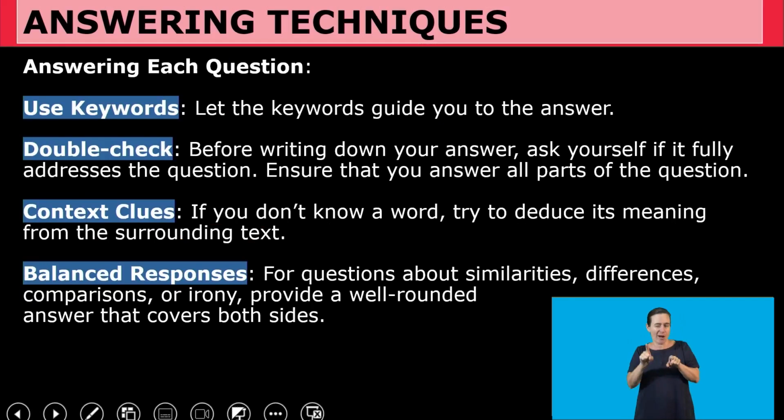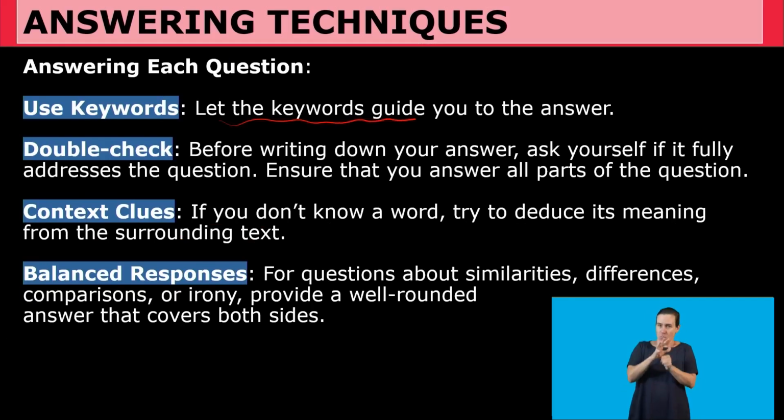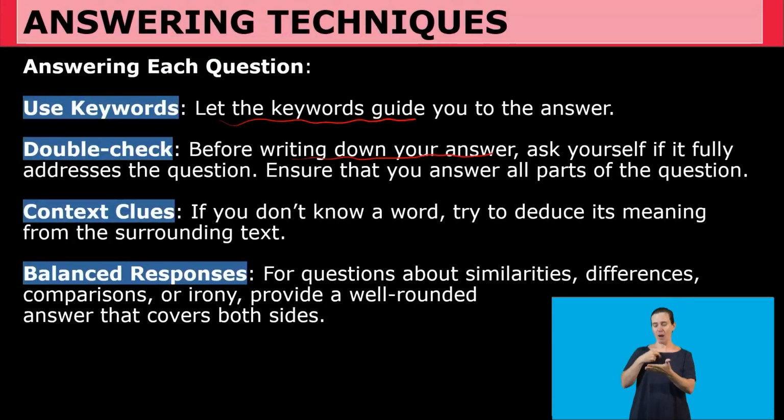Answering each question. First, use the keywords. Let the keywords guide you to the answer. So you look at the keyword in the question, you go to the text, the textual reference, and you find those keywords. Always double check. Before writing down your answer, ask yourself if your answer fully addresses the question. That's so important. Always ensure that you answer all parts of the question.